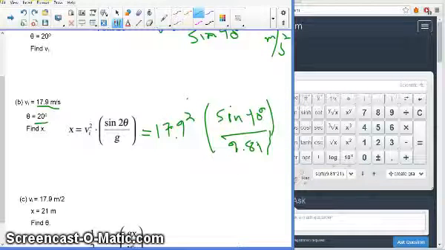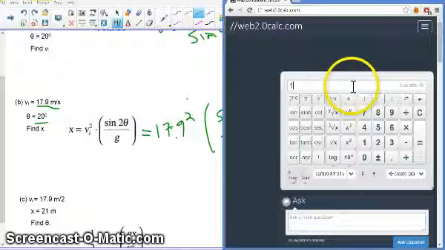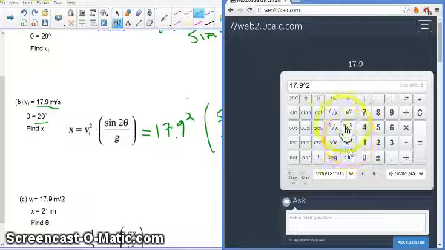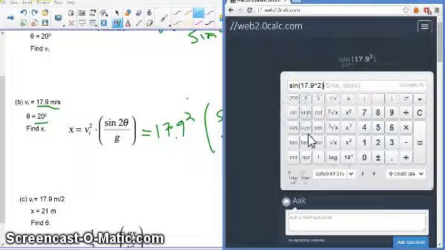And then, so let's go over here. Use 17.9 squared. It's a good idea to put parentheses around numbers when you square it, but that's only really because if the number is negative, students tend to screw that up, but this is positive. And then we do sine, and then that's wrong.